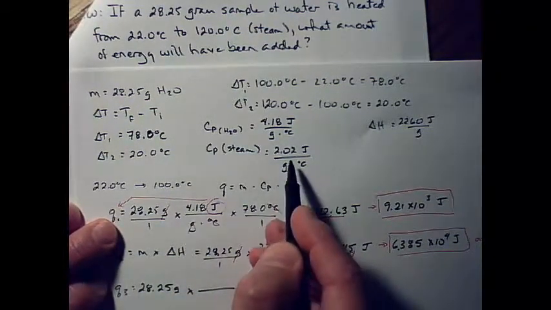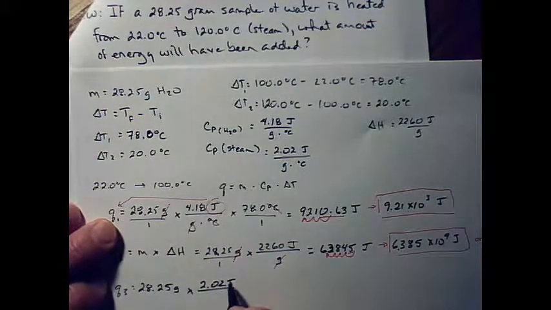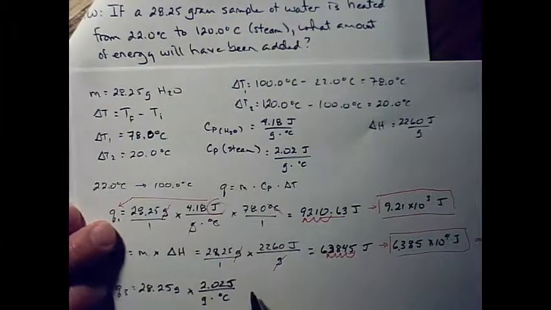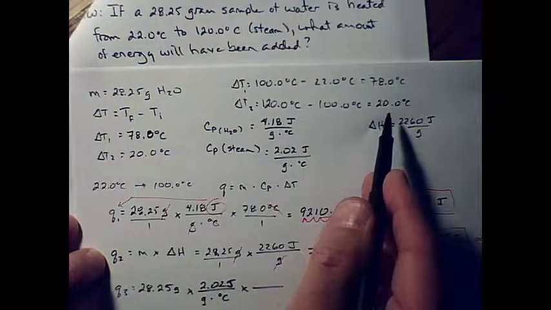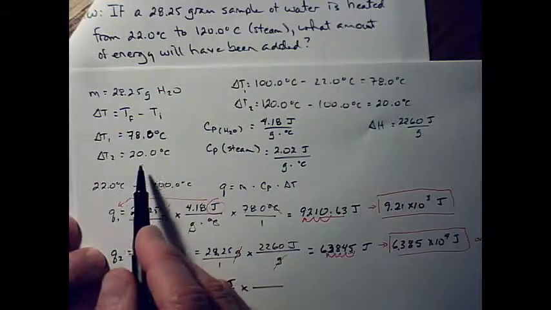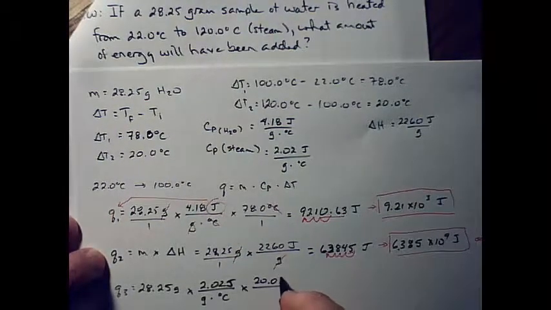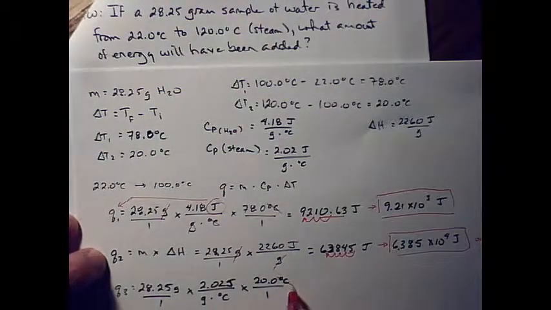For steam, it's 2.02 joules per gram per degree C. And we have a change in temperature of 20 degrees C. Put these over 1 so that we can see to cancel out degrees C and grams.